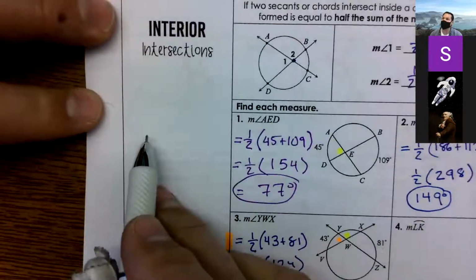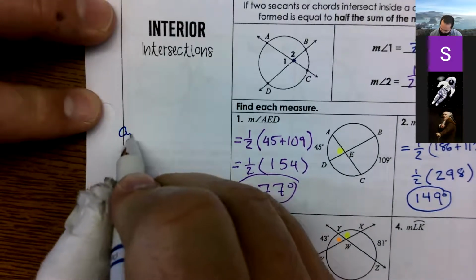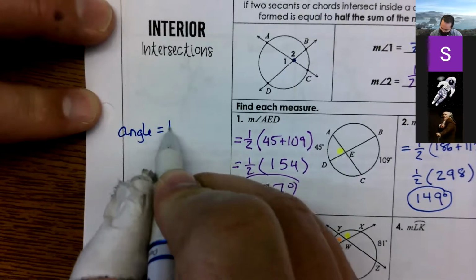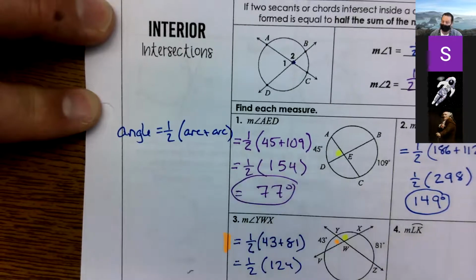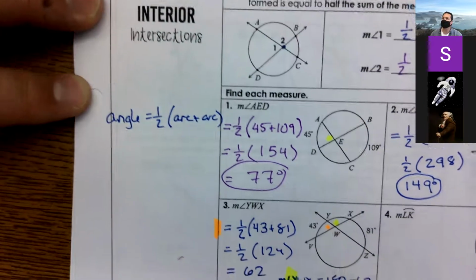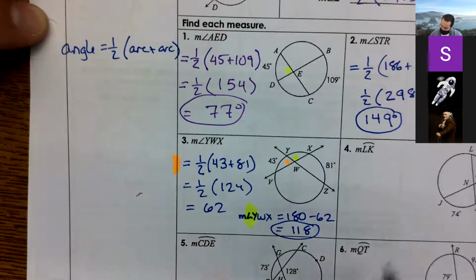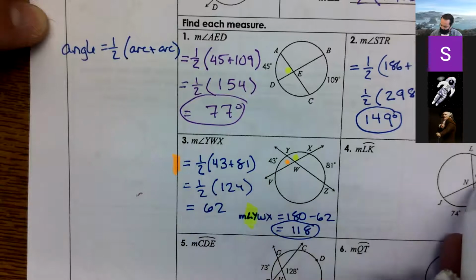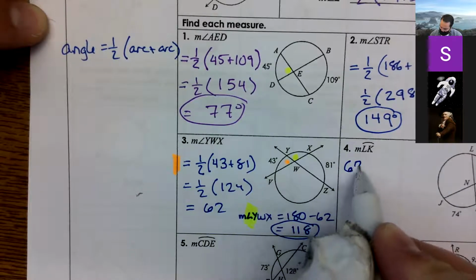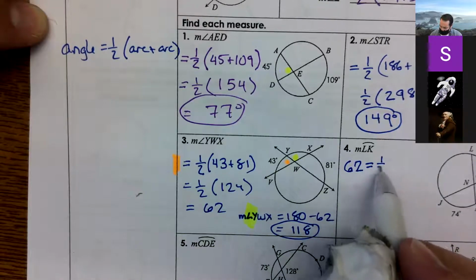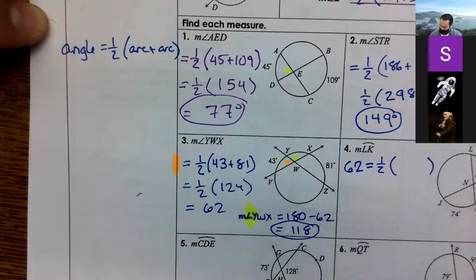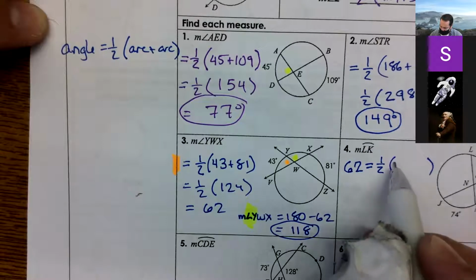So I'm going to come over here and write angle equals 1/2 of arc plus arc. And that way, when I come over here, I can read that because this time I've got the angle. So that part's going to be isolated on the left. And I've got one of the arcs.